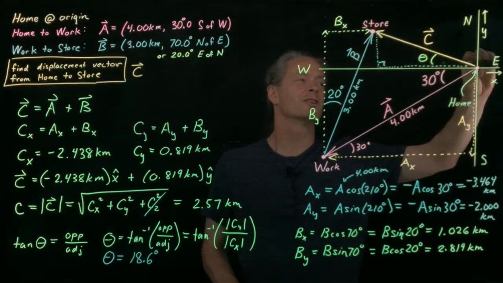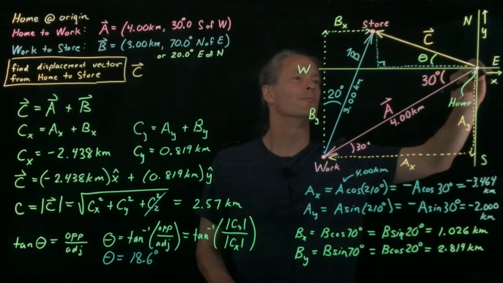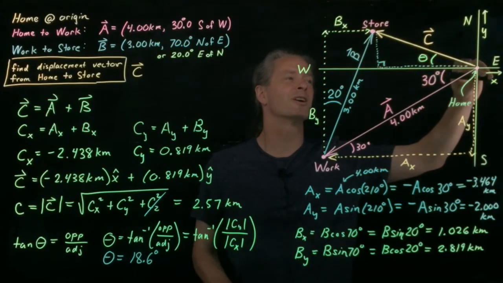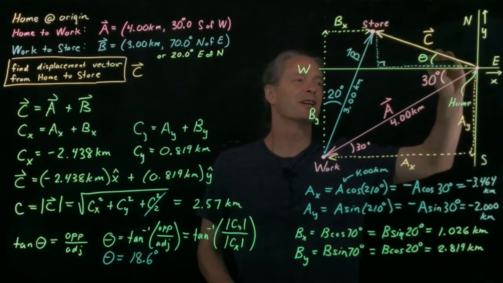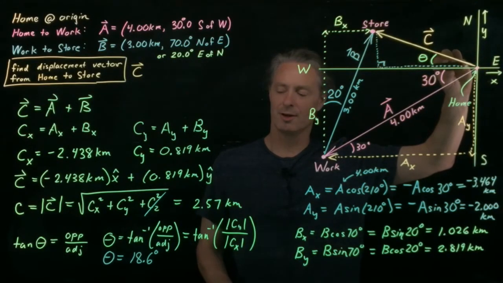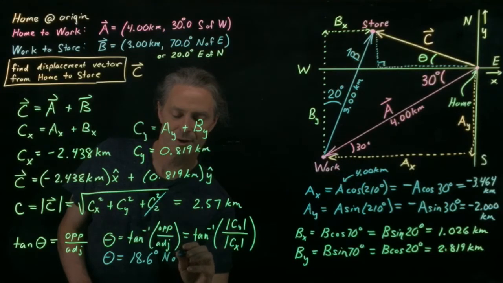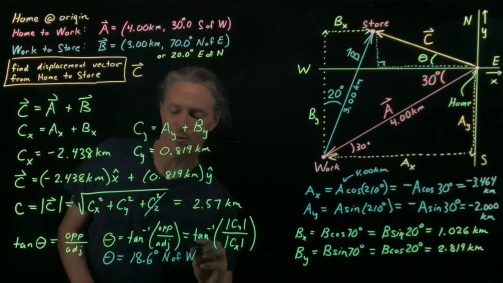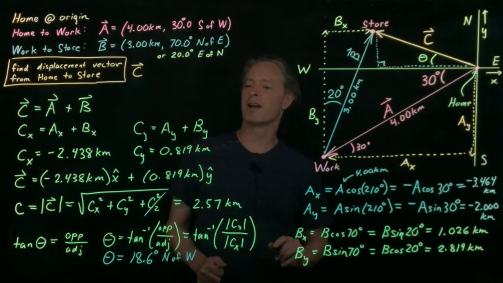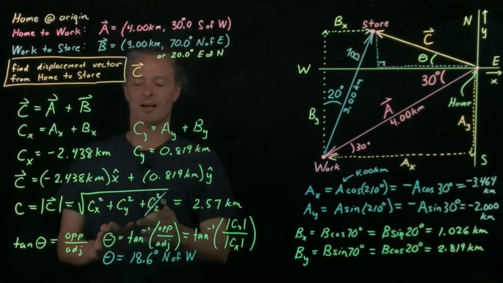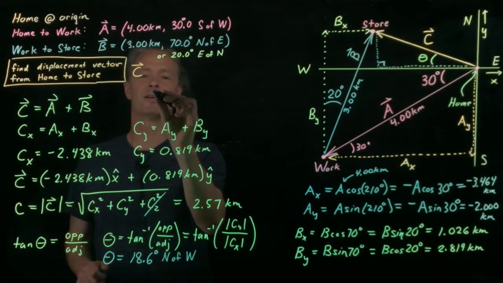Now, what does that represent on our picture? If I wanted to go from home to the store and orient myself in this grid, I would orient myself west and then go 18.6 degrees north from there. So that's 18.6 degrees north of west. And if I want to write that as a vector, I'm running out of space, so I'll write it right here.